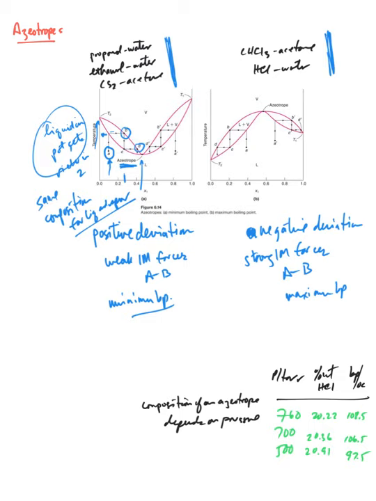On the right-hand side, the negative deviation example, if you look at starting point A, this looks like it's about 0.4 mole fraction of component 1. The vapor is going to be richer in component 2.